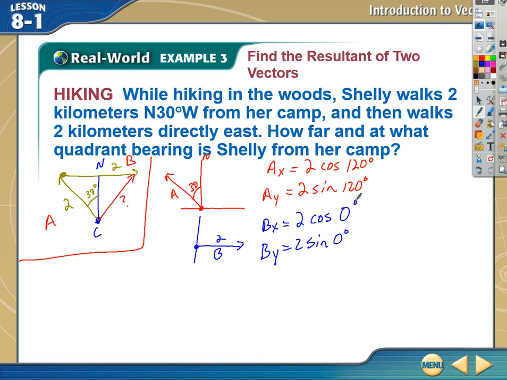I grab my handy candy calculator and I see that A x is equal to -1. And A y, when I put that in my calculator, equals square root of 3.